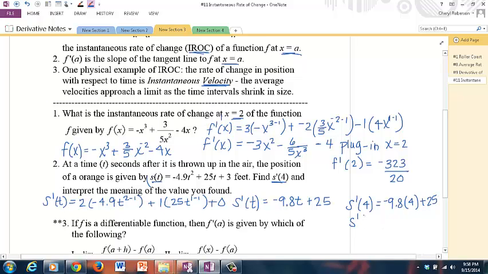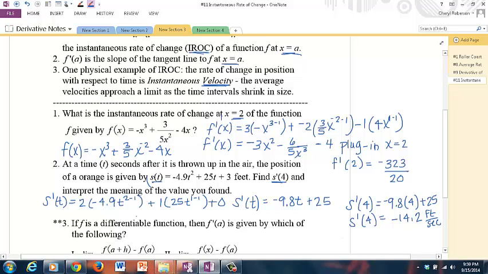And when I work this out, s prime of 4, it looks like I got negative 14.2. And this is all talking about time, and this was a rate. So let's see, it should be feet per second.